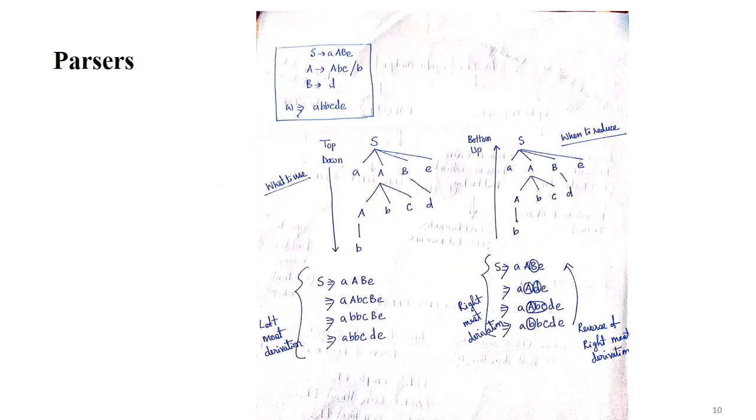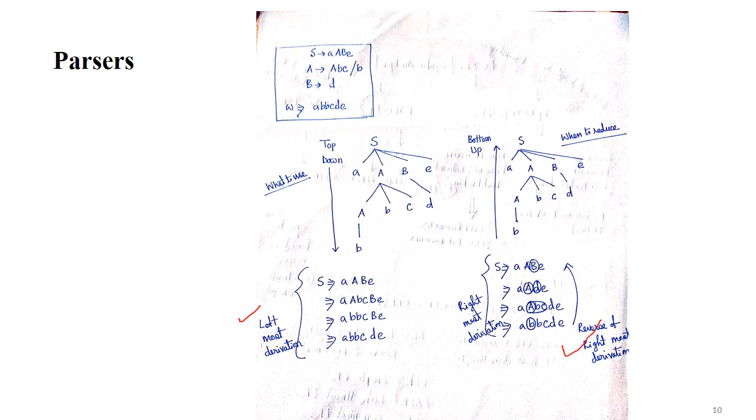Now we will see how to produce leftmost derivation and rightmost derivation. We know the top-down parser always uses leftmost derivation, and the bottom-up parser always uses reverse of rightmost derivation.